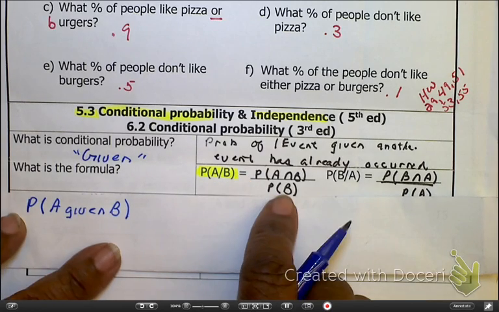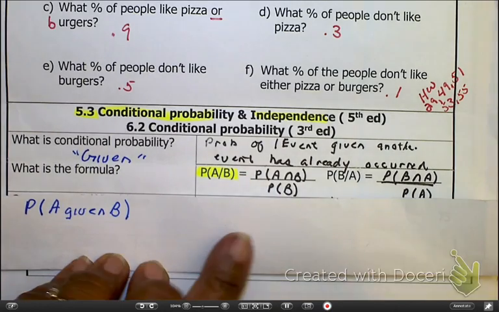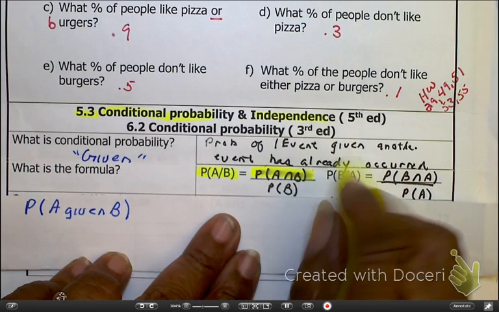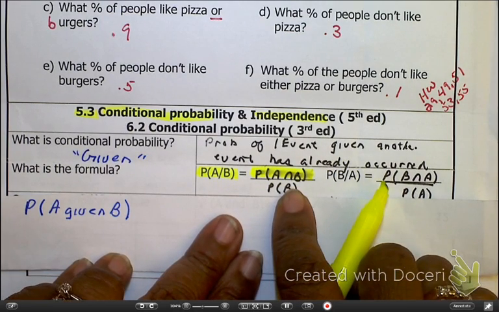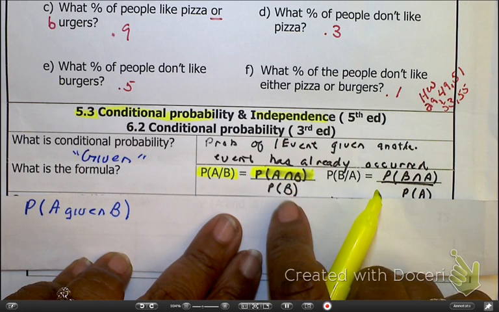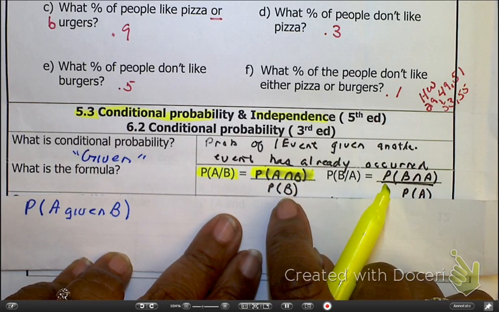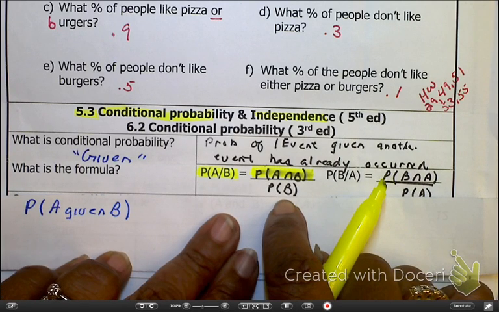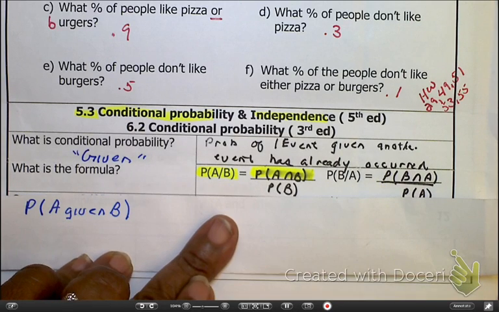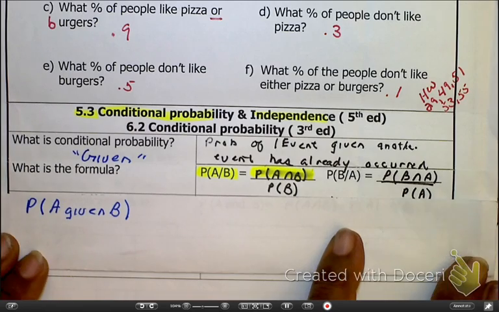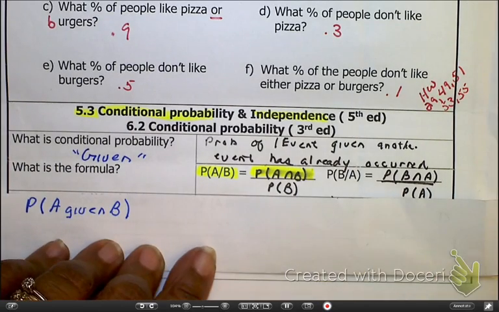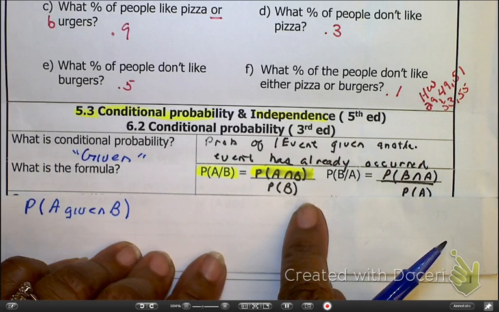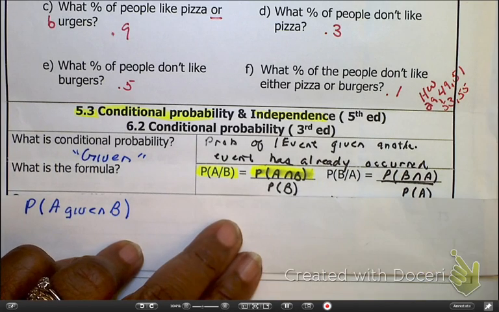And the expansion of that is the probability of A and B happening at the same time, divided by the probability of B. This formula is on the AP test on a sheet that you can use. So when you forget it, no worries, because you'll have access to this at all times.